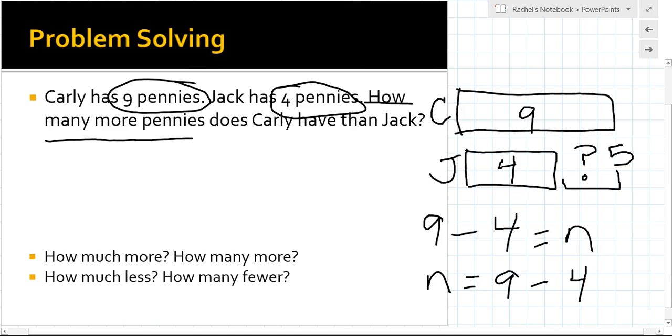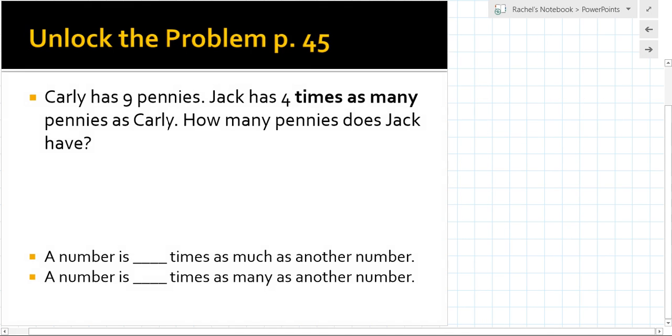That warmed us up for the type of problem that we see in Chapter 2, Lesson 1 for multiplication comparisons. So same scenario, except the question has changed and so has the comparison between the two numbers. Now it's not just how many more, it's Jack has 4 times as many pennies as Carly.